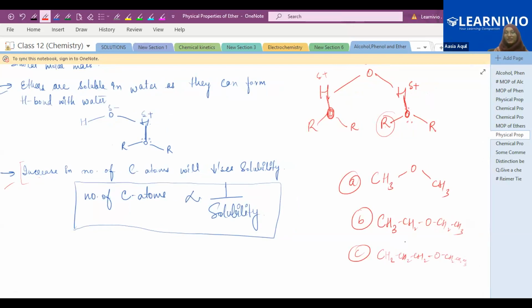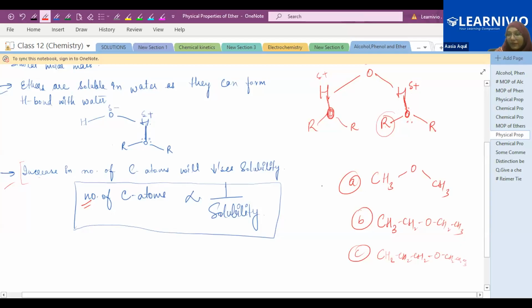Now the trick is, this point is very important. Number of carbon atoms is inversely proportional to the solubility. If you increase the number of carbon atoms, the more bulky group will hinder the solubility. So how will you arrange these in increasing order of solubility?